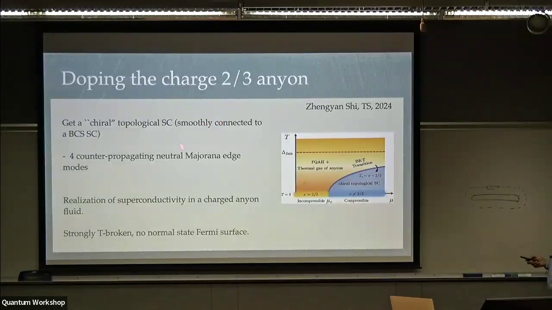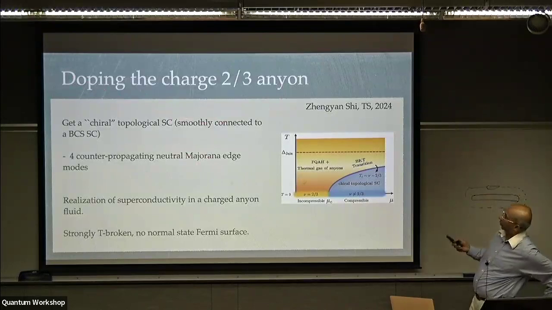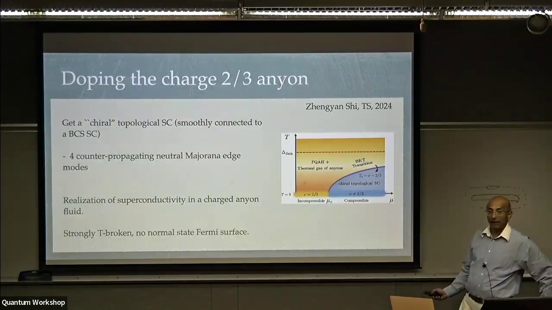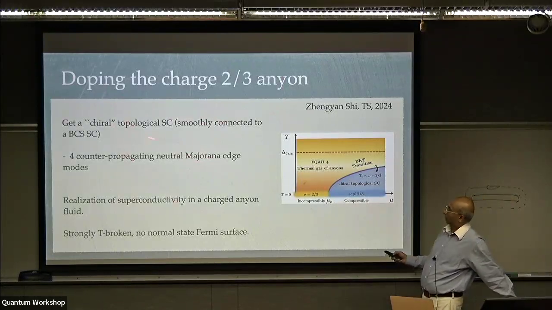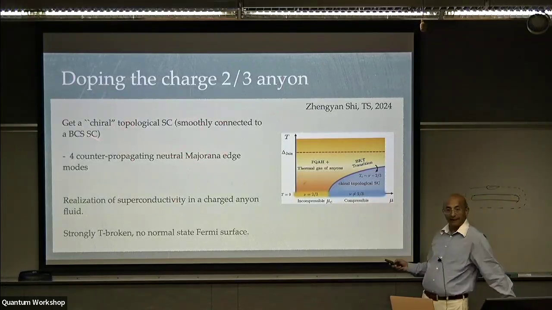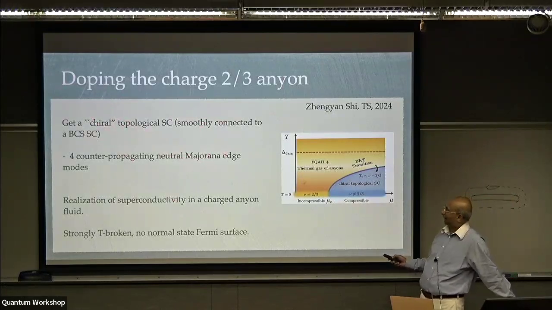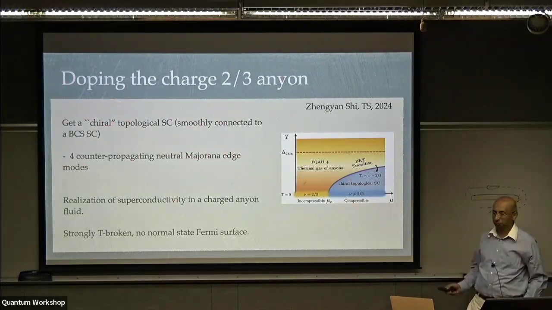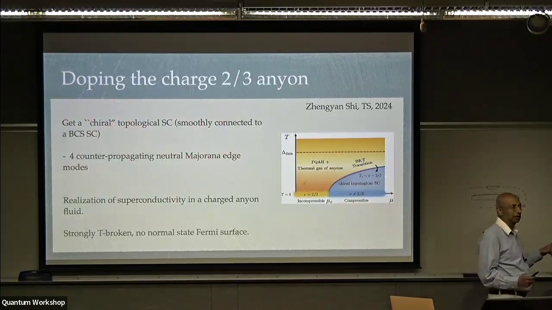So let me just show you some results, and then I'll give you some understanding of some of the results. So for the 2/3 state, if you dope the charged 2/3 anyon, the answer we find is that you get a superconductor, right? And the superconductor is chiral and topological in the sense that it has 4 counter-propagating neutral Majorana edge modes. But in the end, it's a BCS superconductor, right?